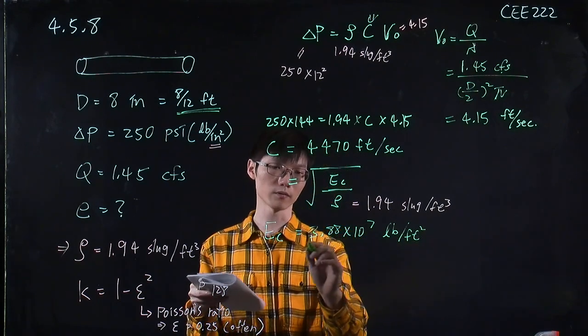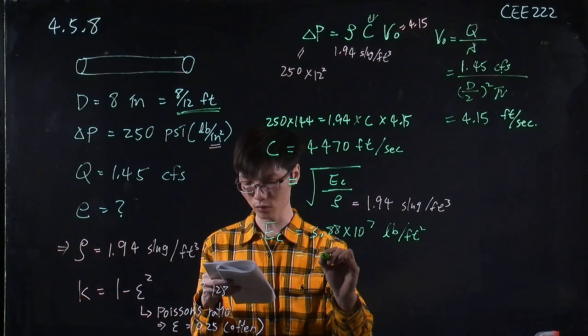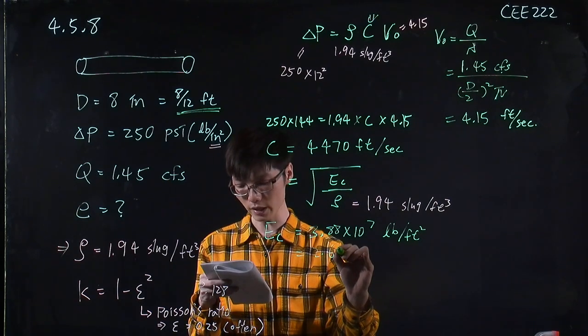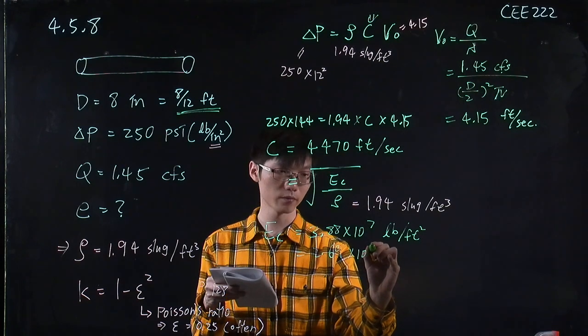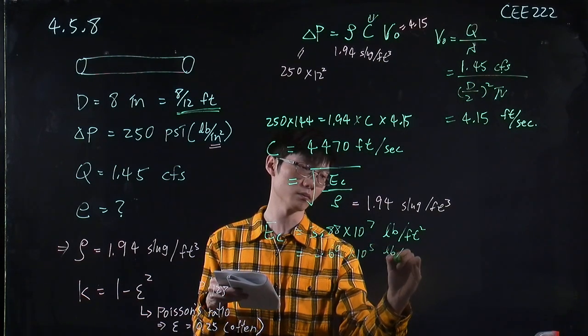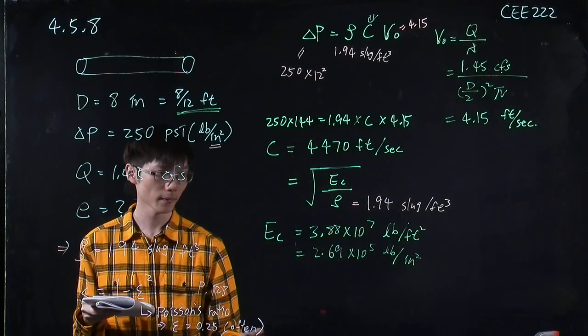And doing the unit conversion, we will get that this is also equal to 2.69 times 10 to the power 5 pound per square inch.